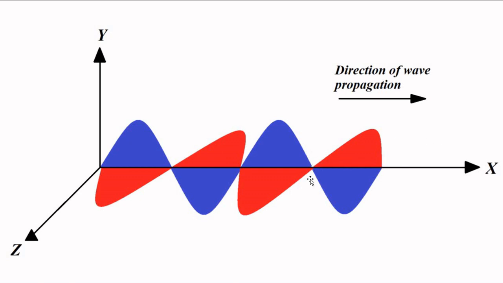It is not necessary that the wave can travel only in the x direction. Suppose the wave travels in the y direction, then this becomes y, this stays as z, and this becomes x. This can also happen: this can become z, this stays as y, and this becomes x.